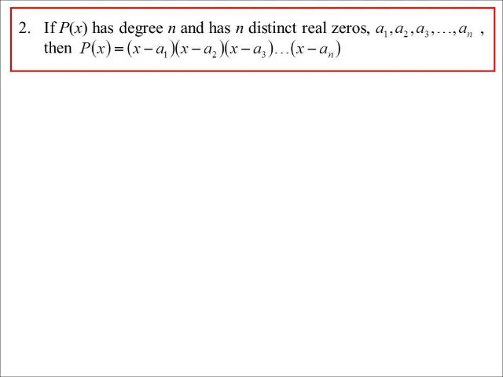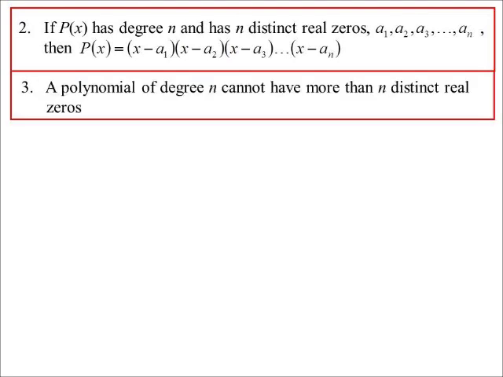Just say you had a quadratic, and for some insane reason someone's told you that x minus 1's a factor, x minus 2's a factor, x minus 3's a factor. If you were to expand that out, you get x cubed. Well, that's not possible. So you can't have more linear factors than the actual degree of the polynomial itself. And that's what this one's saying: a polynomial of degree n can't have more than n zeros.